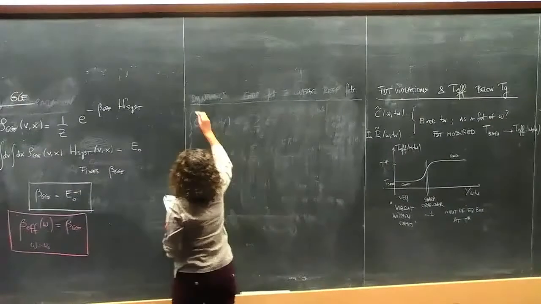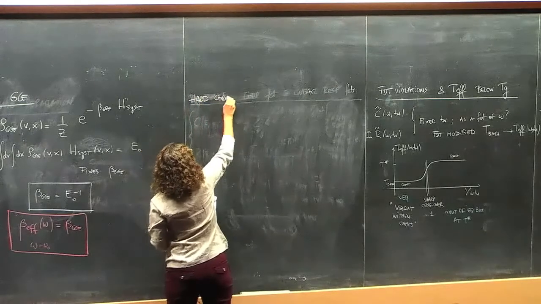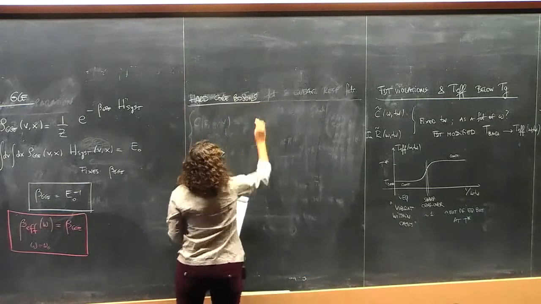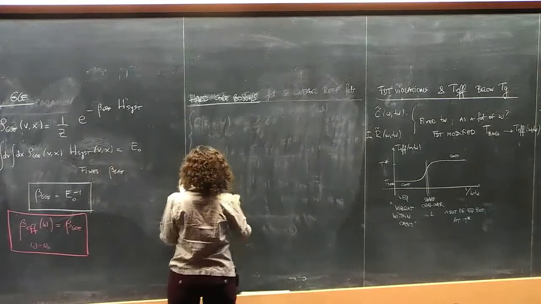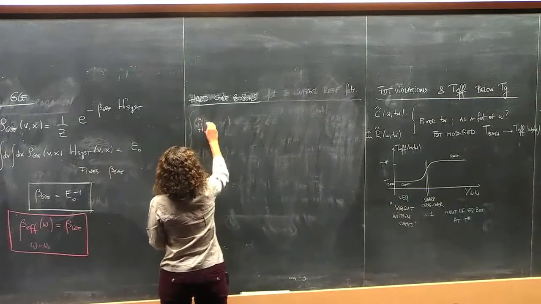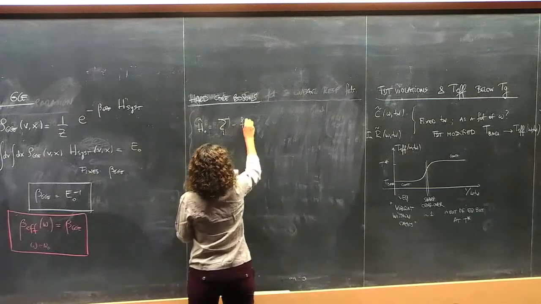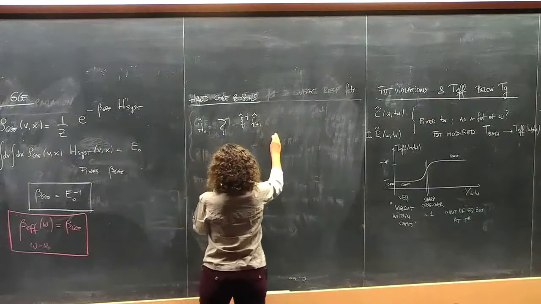One problem we looked at is hardcore bosons, a problem that can be mapped onto fermions after Jordan-Wigner transformations. It looks like this.